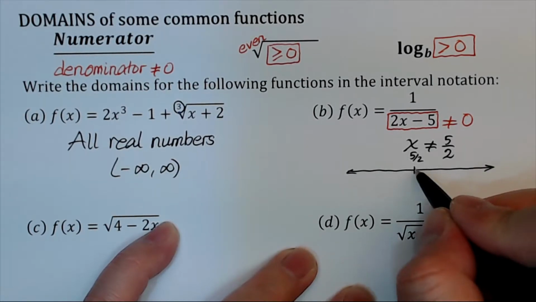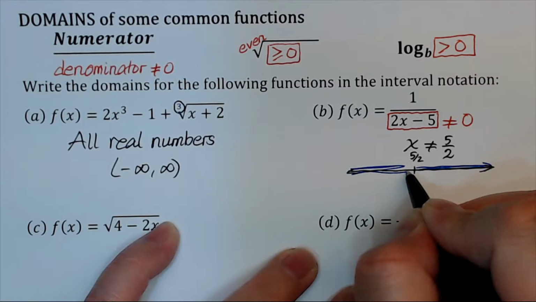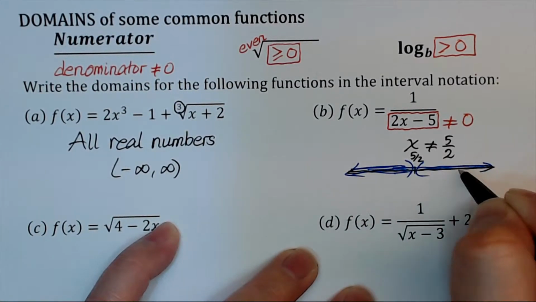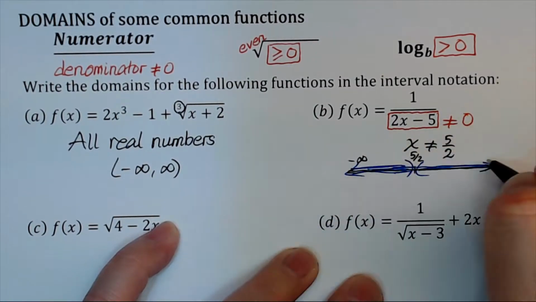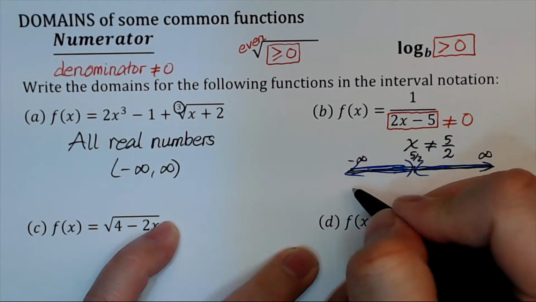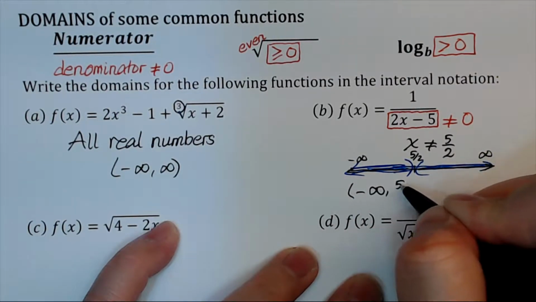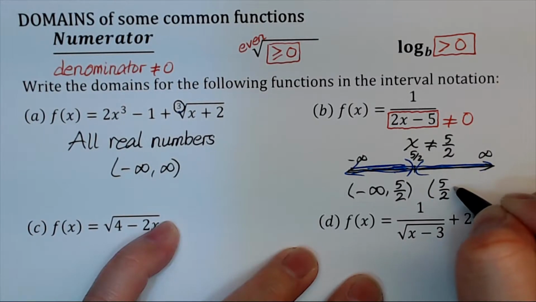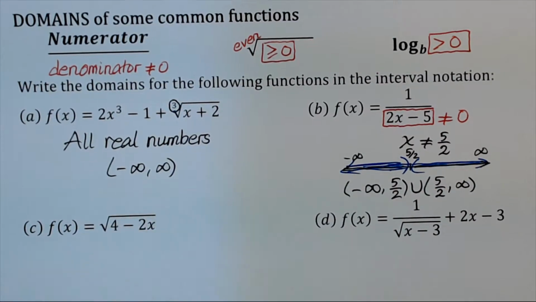We can have anything on the right, anything on the left. So the domain is negative infinity to 5/2, then 5/2 to infinity, linked by a union.